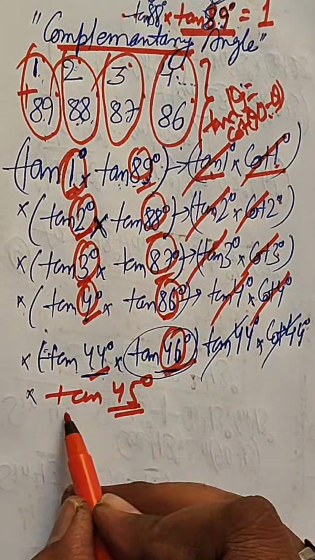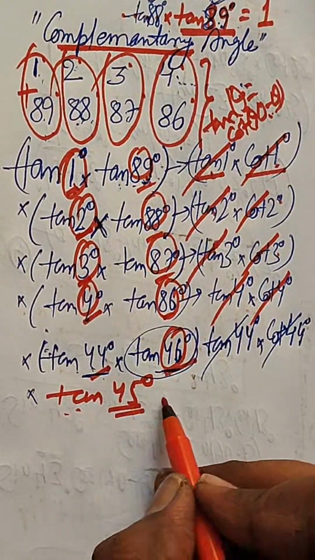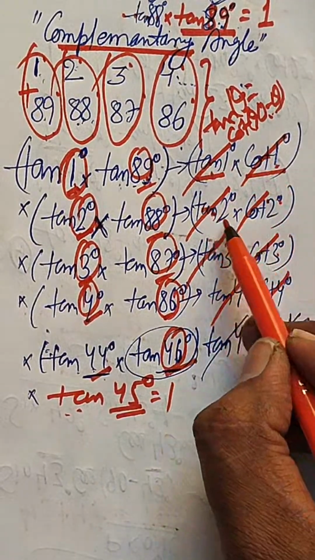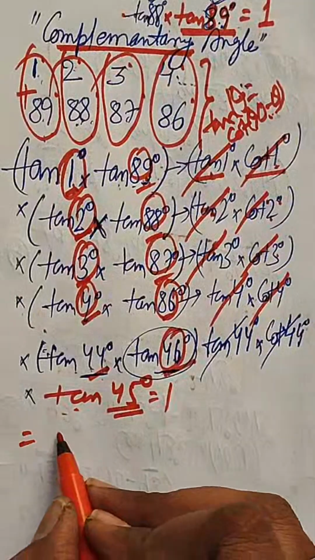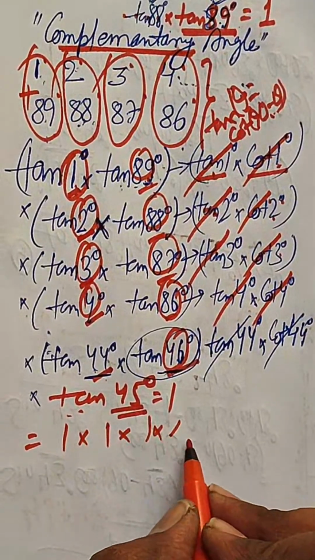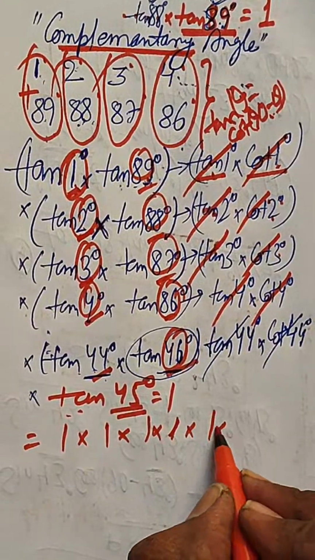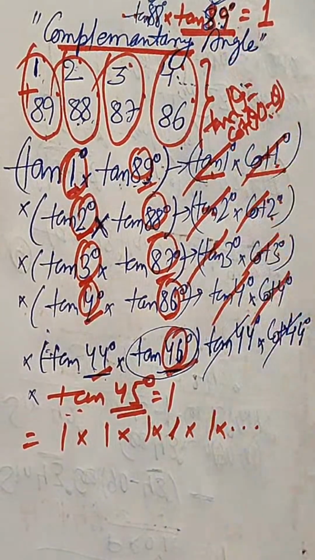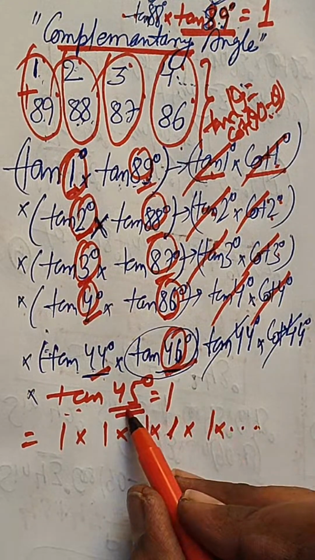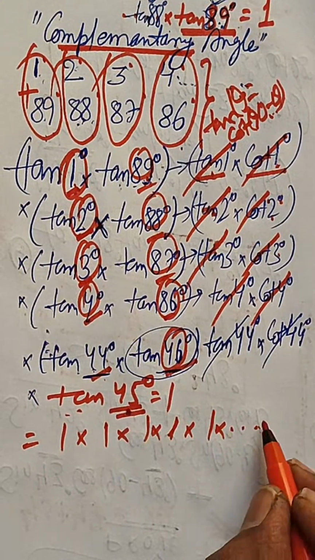So only one angle is left, tan 45, and the value of tan 45 is 1, and all the others are already cancelled out. So we can write all this as 1 into 1 into 1 into 1, 44 times, and this tan 45 is 1.